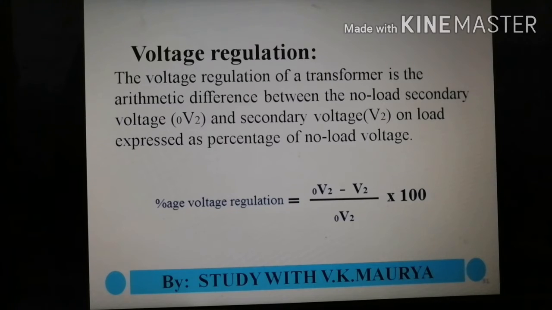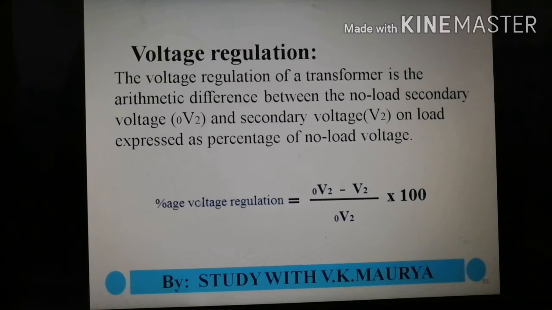Now the next one is the voltage regulation. What is the definition? The voltage regulation of a transformer is the arithmetic difference between the no load secondary voltage and the secondary voltage on load, expressed as a percentage of the no load voltage.